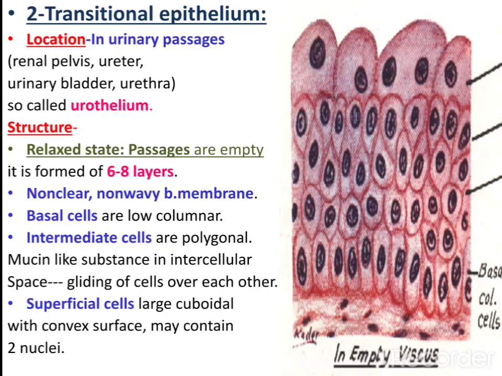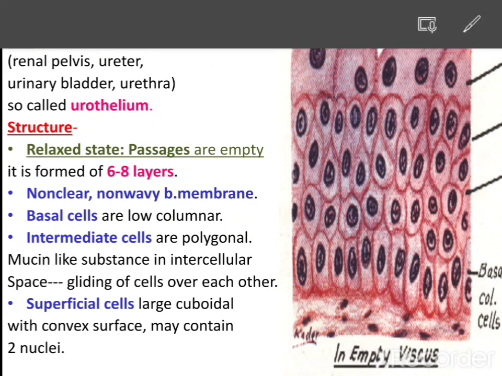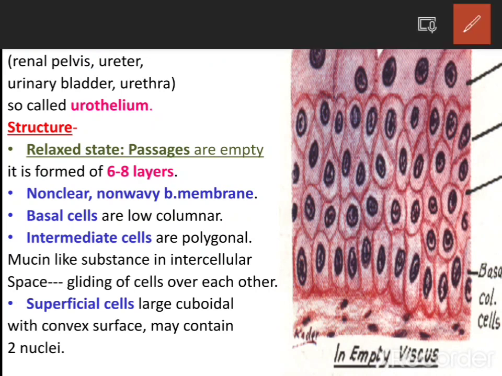Now the next type is the transitional epithelium. It is found in the urinary passages like renal pelvis, ureter, urinary bladder, urethra, and here it is known as urothelium. The structure in the relaxed state presents the basal epithelium, that is made up of the basal columnar cells, which is similar to the stratified squamous epithelium.